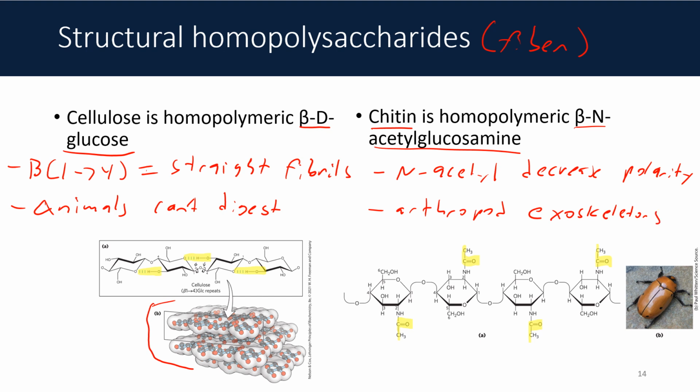When they get wet, if that water clung to their structural homopolysaccharides, it's going to weigh them down and make them more vulnerable to predation. N-acetylglucosamine lets the water roll right off their shells. So yet again, simple changes, big ramifications.